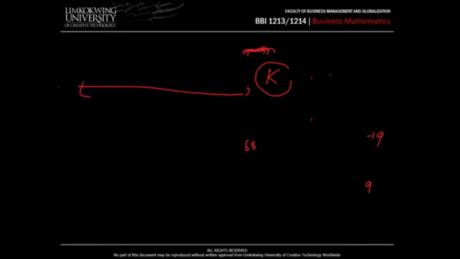How many monthly payments of 2,000 should she make? What will be the concluding size of the final payment? Okay, let's draw the timeline. Concluding payment means the final payment. Let's put it as K. So we start from 0, 1, up to 69 payments.